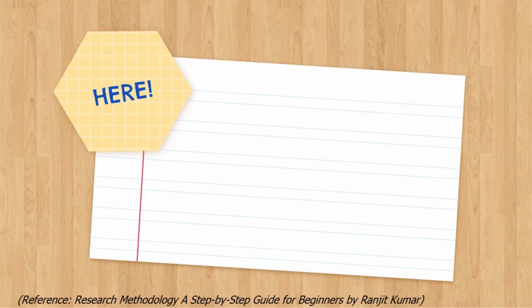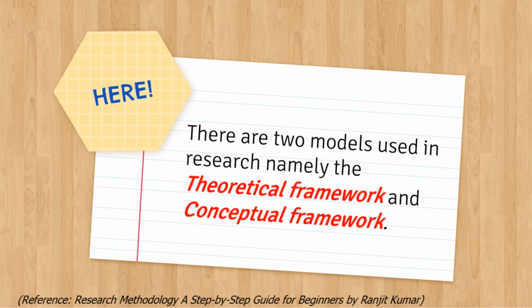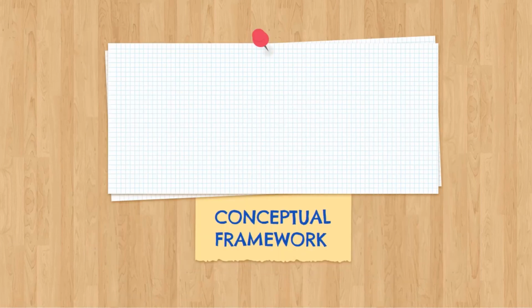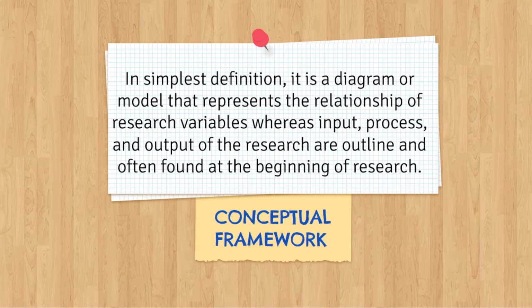There are 2 models used in research that can help you to create your own research paradigm. First is the theoretical framework, and second is the conceptual framework. However, we will focus on the conceptual framework, which describes the data synthesized by the researchers to link the variables and map out the methods in a research investigation.